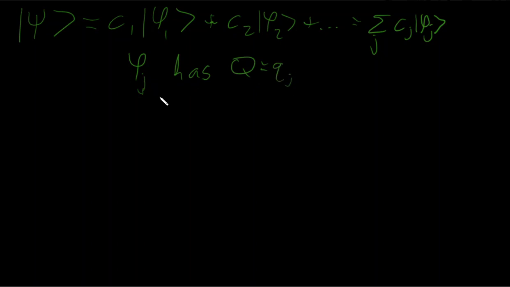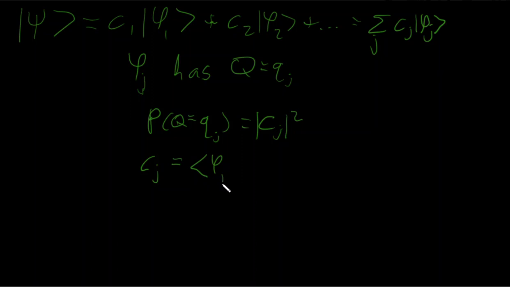We also know that the probability of the particle having big Q equal to little q sub j is that coefficient C sub j norm squared. We also learned that C sub j is the inner product of phi sub j and psi, and we have that proof in multiple videos.